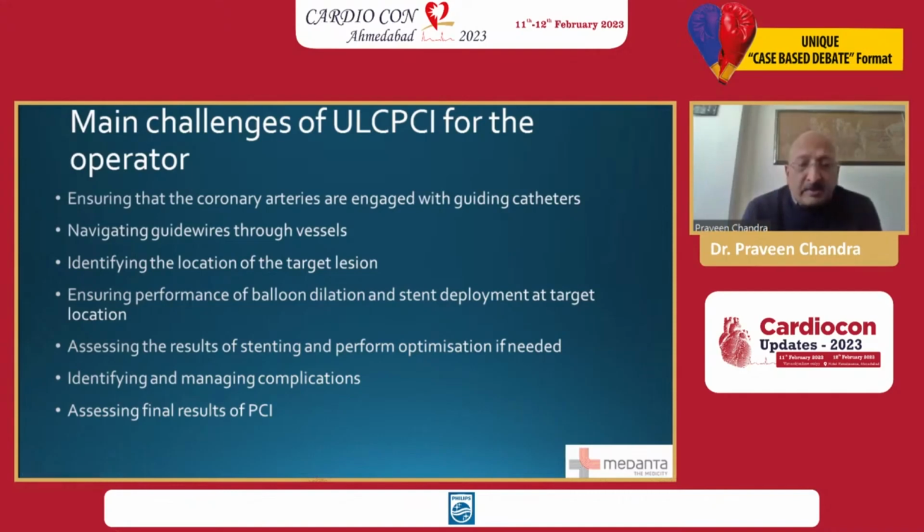So the final results: sometimes, as I'm telling you, we have used only 3 to 5 ml of contrast in a full angioplasty where 2 or 3 stents were used, just to document the final outcome. That's all. Otherwise, sometimes we don't even do that.